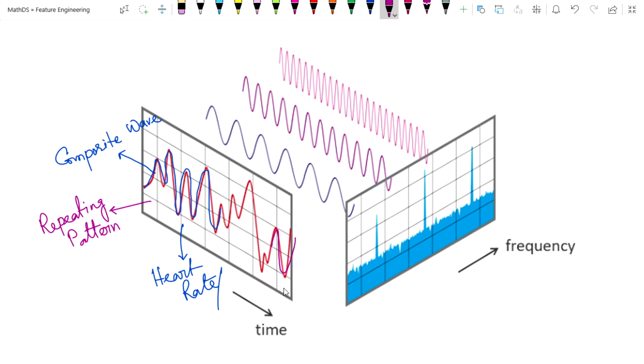In the time domain, this curve is a composite, complex curve. But if you see it in the frequency domain, we get three very simple graphs.